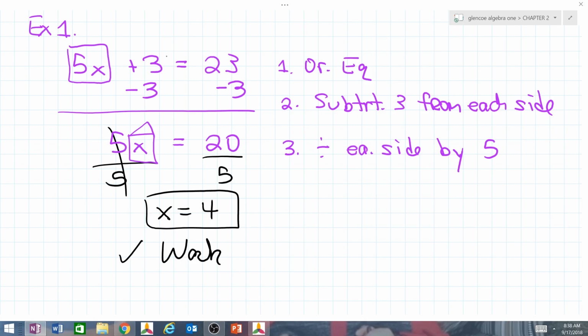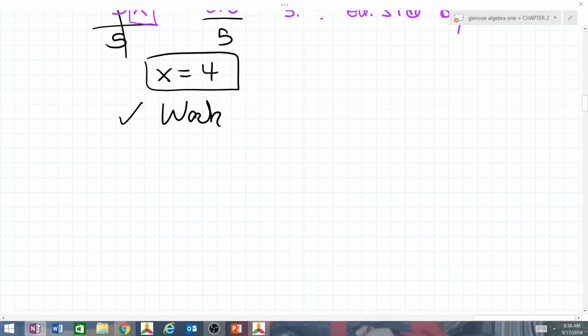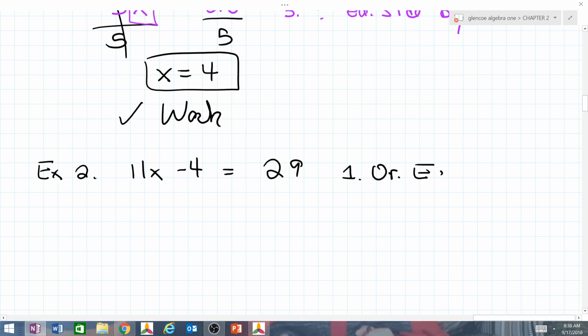Okay, let's try another one. This is 11x minus 4 equals 29. So this is my original equation. I'm always going to box my variable because I know I'm going to deal with that last. Okay, so this is minus 4. So class, what would I do to each side? So we are going to add 4 to each side.